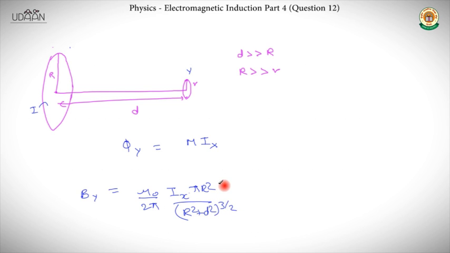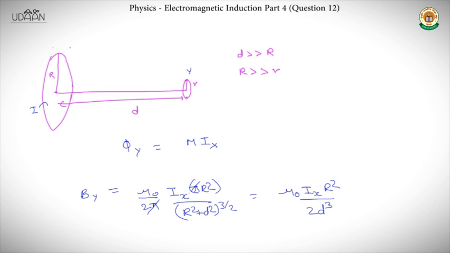We have done it before. This is nothing but the area of this disk, that's right, pi r square. We have taken the assumption that d is greater than r. So this would turn to mu naught Ix r square by 2 d cube.